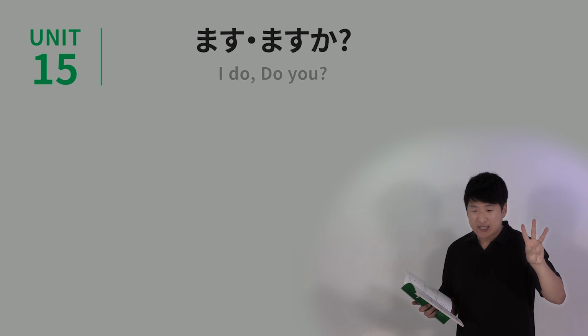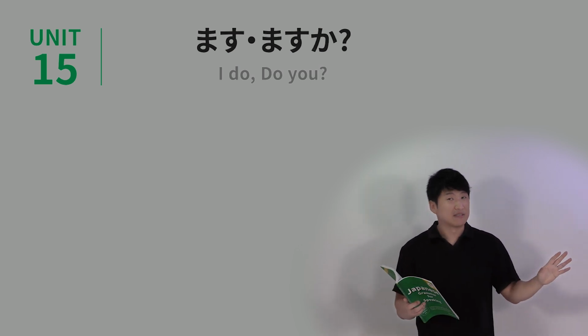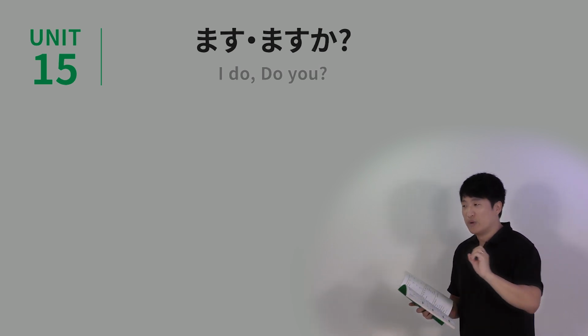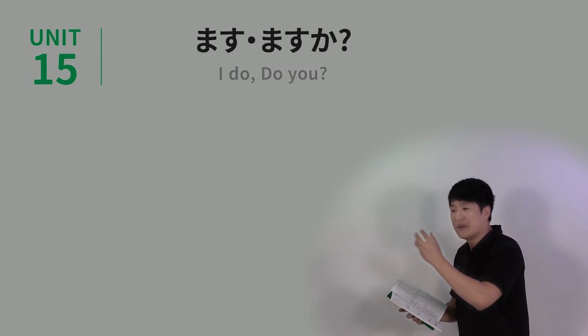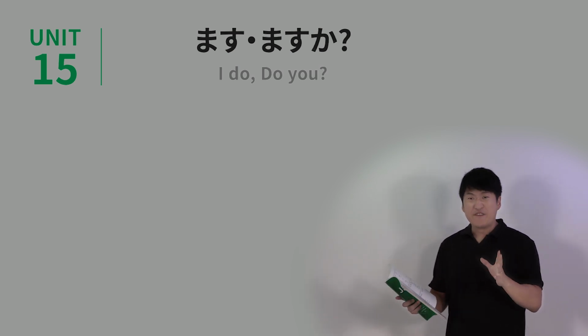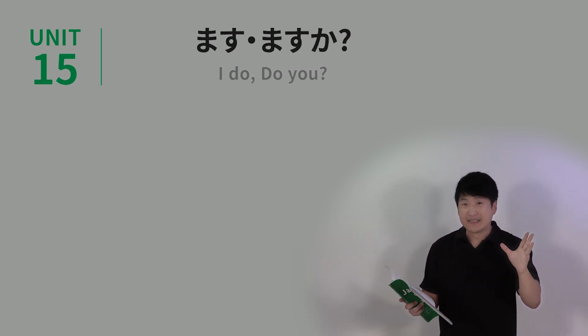If you understand how to conjugate these three grammars, Japanese is done. It's really easy because we can use this format to make another format. So let's get started. Unit 15 today, masu.